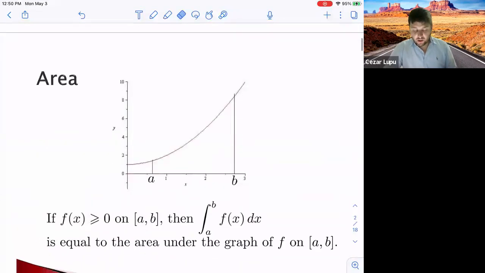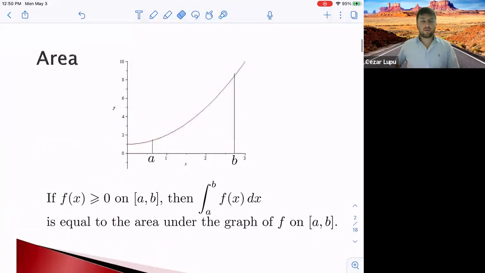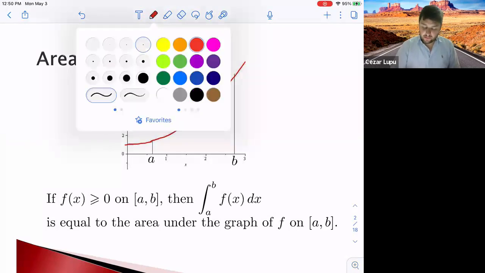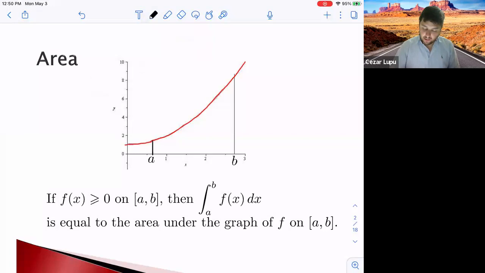Let me just go back to what the integral actually is. Remember that the integral is just the area under the graph. So if we have something like this, let's say this is the graph of f, and let's say we want to measure the area bounded by these two numbers, a and b.